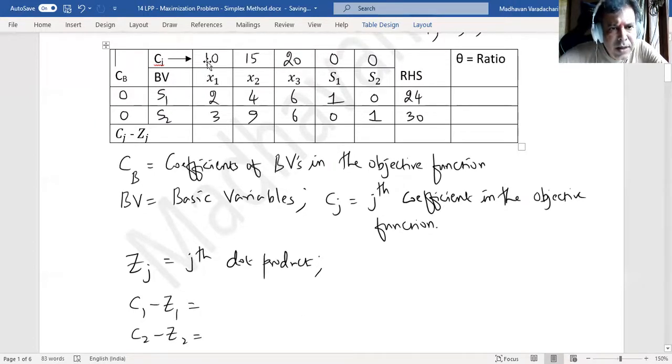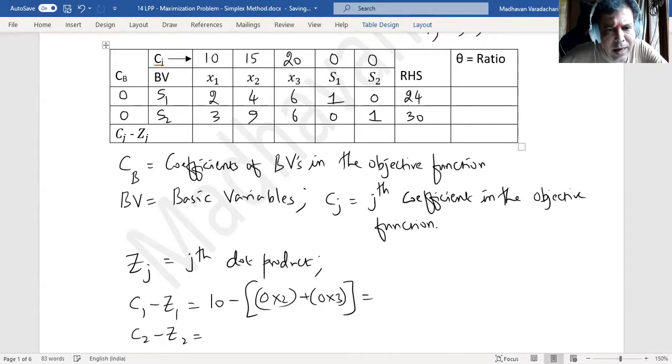C1 is nothing but 10, the first coefficient, minus Z1, the first dot product. It is calculated by choosing the first column, that is 2 and 3, and multiplying it with CB, means 0 into 2, then add 0 into 3.